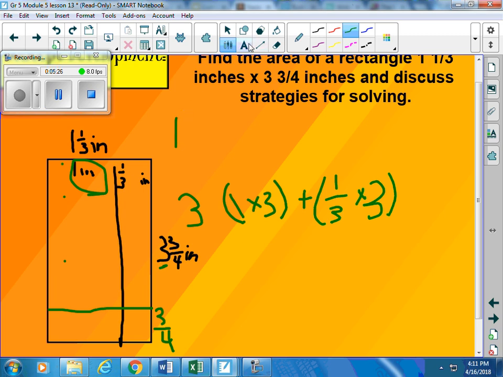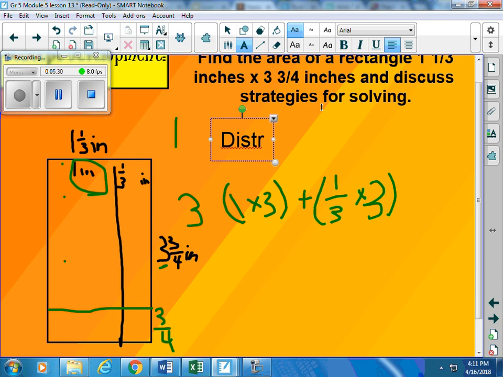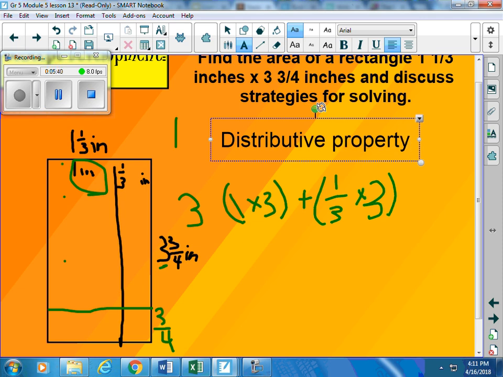Actually, I'm not even going to write that. I'm going to type that. This is called the distributive property. And if you think about distributing things, when you distribute something, you hand it out. And so I have handed out the 3 to each part of the mixed number. So I multiplied this times 3, and then I multiplied this times 3.